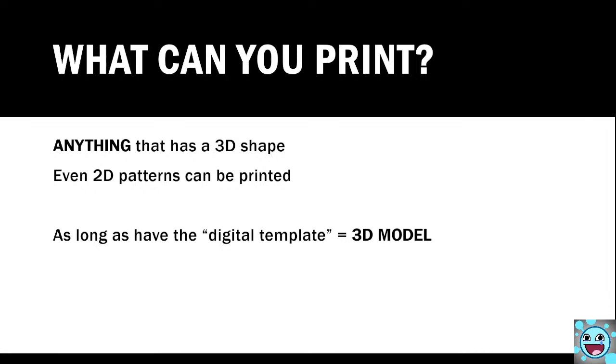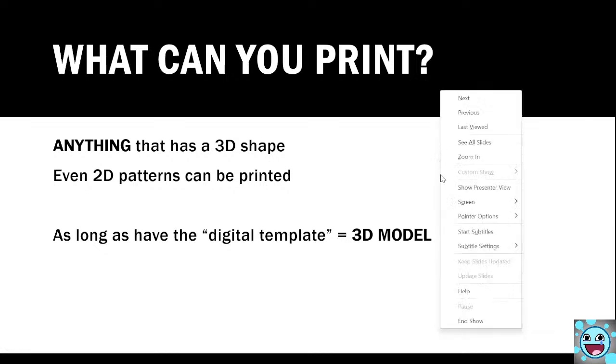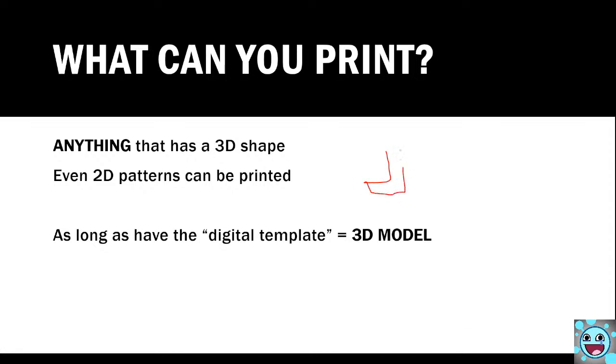For example, you want to make your name. For example, John. You can extrude it so that it has some 3D shape beneath, some depth.